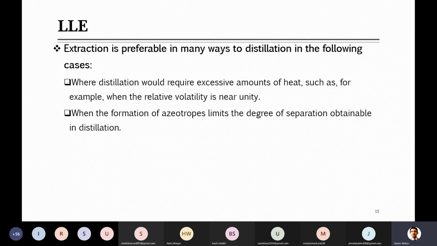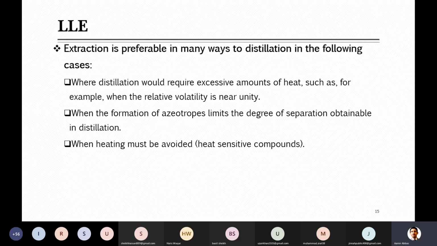So we have to introduce something else, and sometimes liquid extraction will definitely be helpful. Also when heating must be avoided, for example with heat sensitive components, they can still be separated with distillation, but because we need heat, just to avoid that heat we can go with liquid extraction.